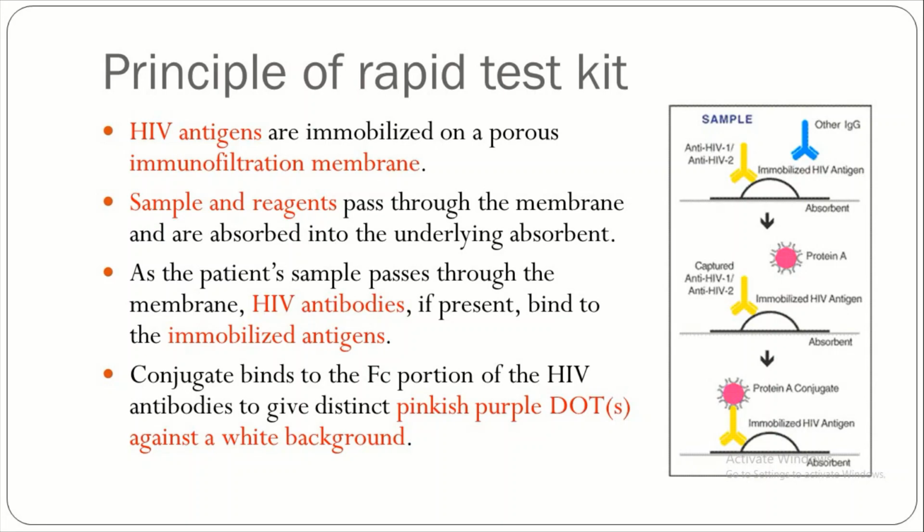The conjugate binds to the Fc portion of HIV antibodies and gives a distinct pinkish purple dot. This dot against the white background indicates the person is positive. If no dot is formed, it is negative. The right side image clearly shows how it works.